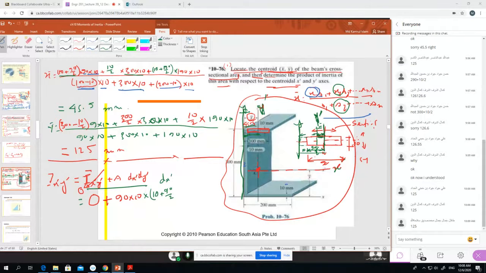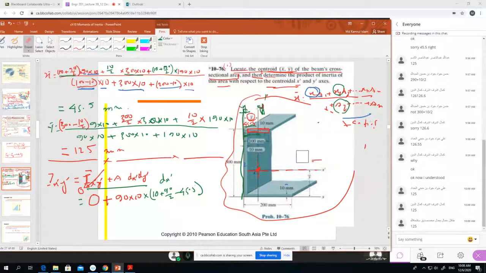From here to here we know this distance is 45.5, so minus 45.5. Okay. If you don't understand, it is a very clumsy diagram now, so I will draw it again.